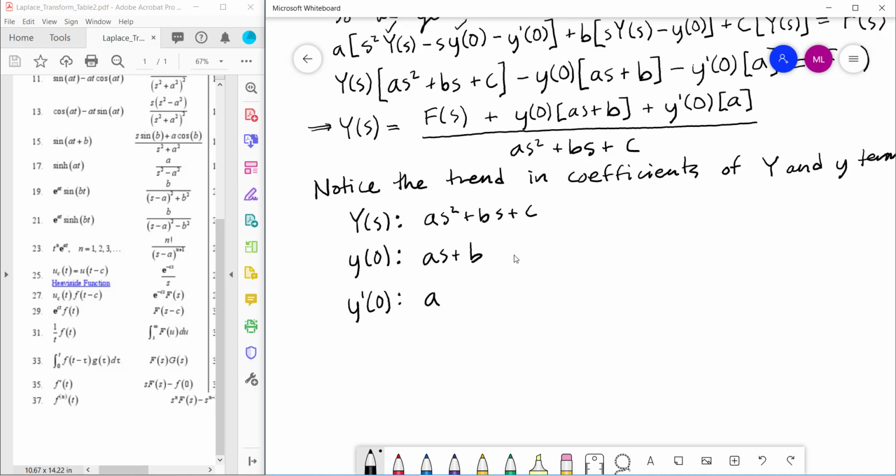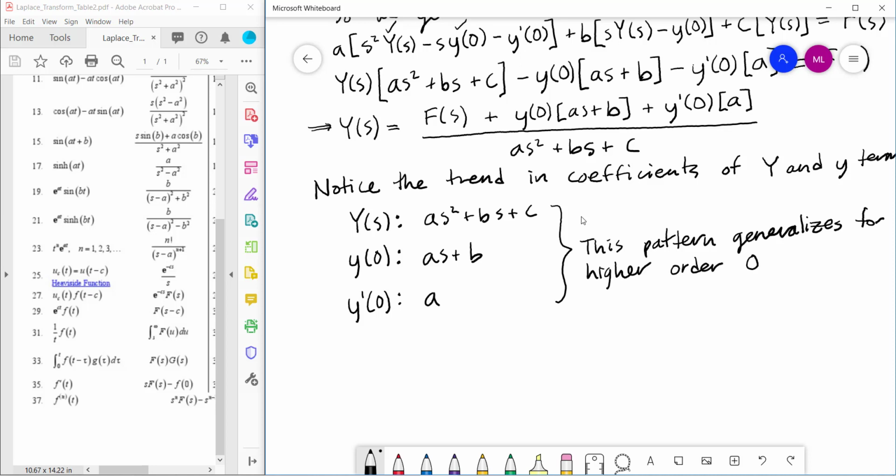So just keep that in mind. This pattern generalizes for higher order ODEs. But again, in this class, we're going to stick to second order on these things.